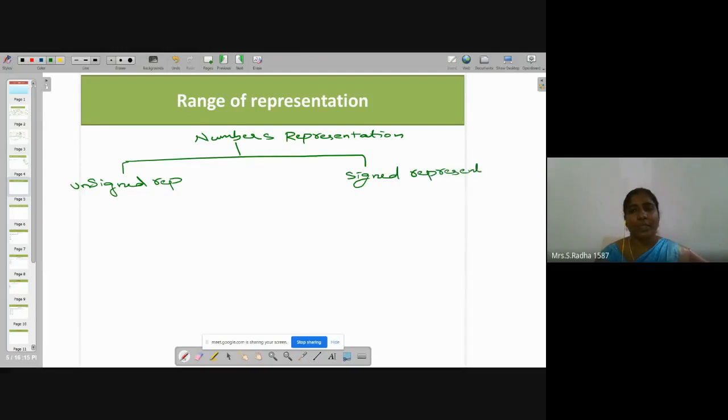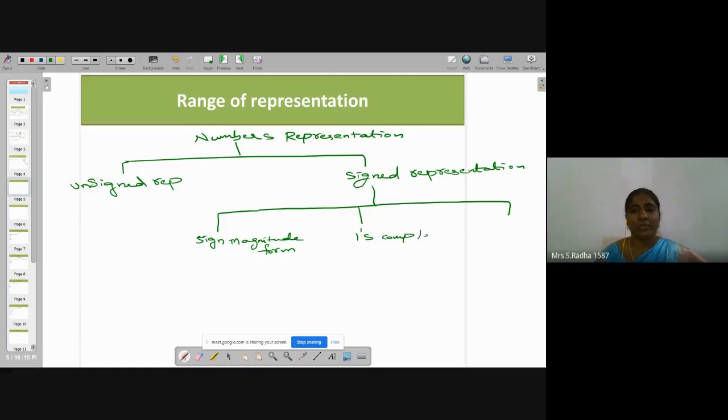And in signed representation, we have three different ways. First, signed magnitude form. Second, ones complement representation. Next, twos complement representation.